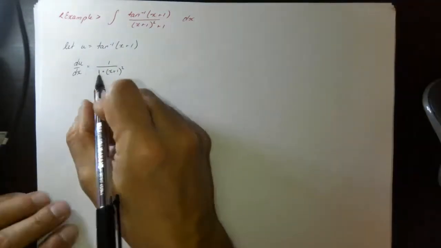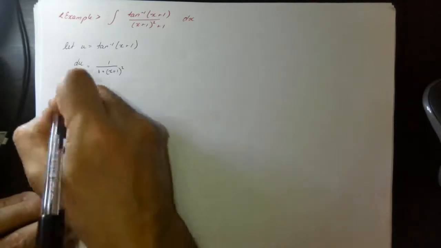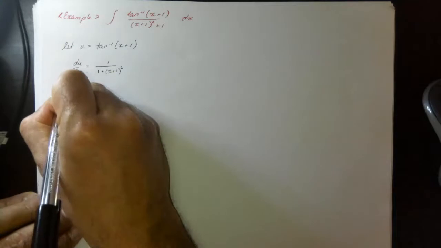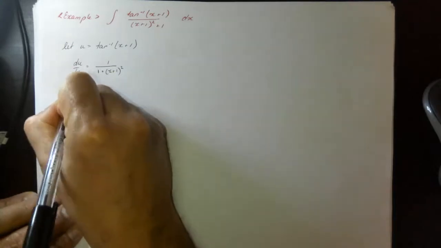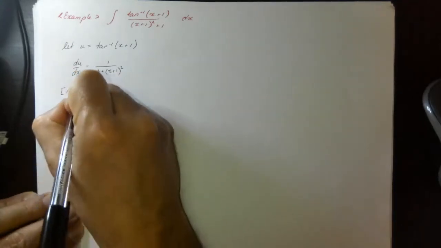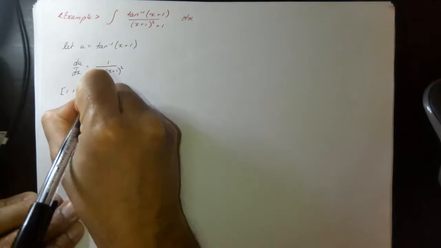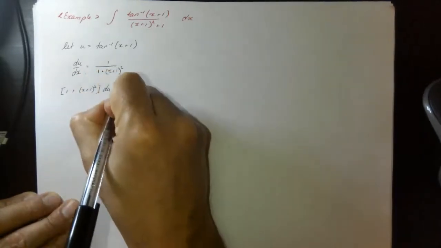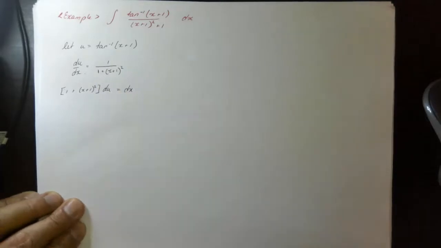This will work out nicely, because if we then find du, we've got du equal to dx over 1 plus (x plus 1) all squared, so 1 plus (x plus 1) all squared du is equal to dx.